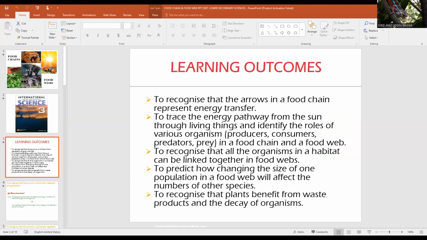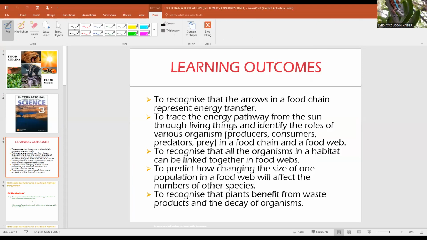I have selected some learning outcomes from this topic, which are randomly arranged. To recognize that the arrows in a food chain represent energy transfer, to trace the energy pathway from the sun through living things, and identify the roles of various organisms: producers, consumers, predators, prey in a food chain and a food web.